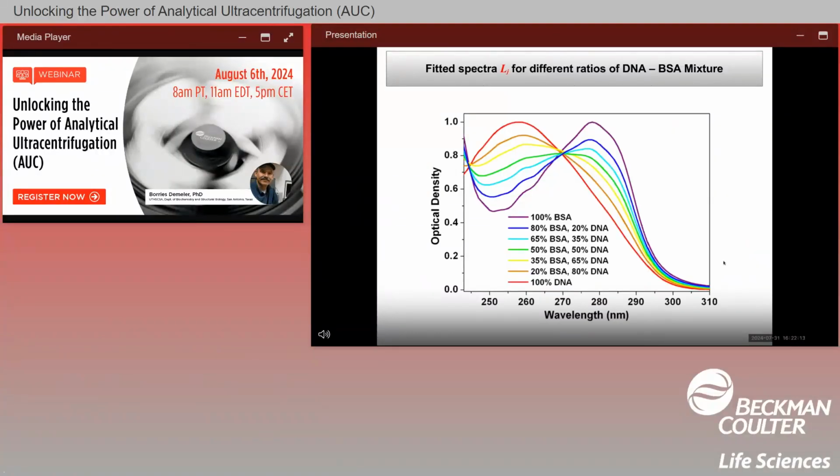If you make a mixture of protein and DNA, you can see immediately that different ratios give you different absorbance profiles. So for example, in red, we have the DNA profile. In purple, we have the BSA profile, which is a protein. And if you mix these at different ratios, you get everything in between. So the unique shape of this curve will tell us something about the stoichiometry with which these molecules are mixed together.